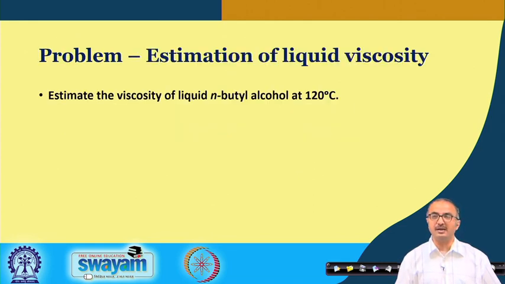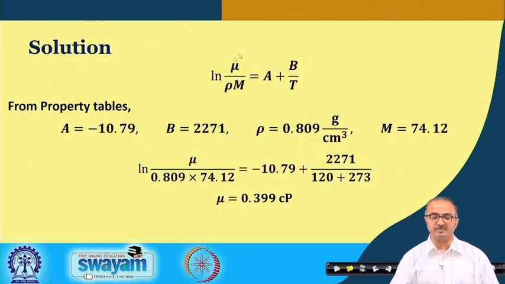Now, next we come to another problem on the liquid viscosity, and here we have to find out the viscosity of liquid at this particular temperature. In this problem also you see that the pressure does not appear because the viscosity of liquid is not a very strong function of the pressure. So, now when we see this particular expression, here you see that it is coming in terms of density and temperature. So, you see that for liquids density is important, which was not so in case of the gases at low pressure.